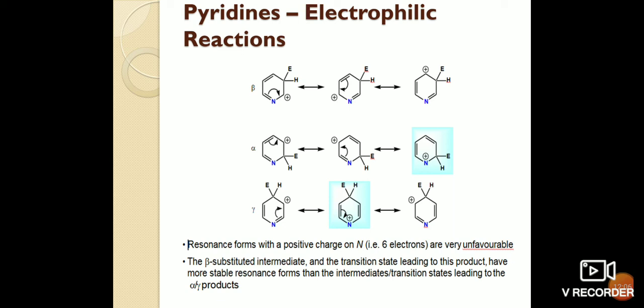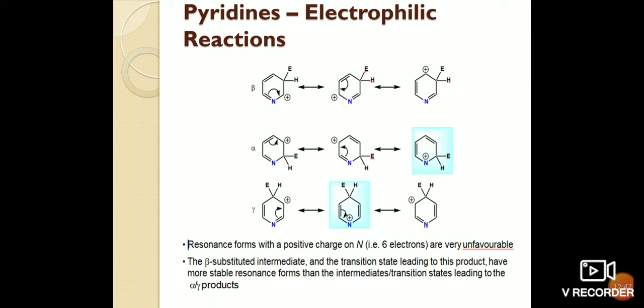Now if the electrophilic substitution is at beta position, we see that the ring becomes electron deficient at ortho and para positions. If the electrophile attacks at alpha position, we see that the ring becomes electron deficient at meta position, and the nitrogen in the pyridine ring itself becomes electron deficient or has a positive charge.